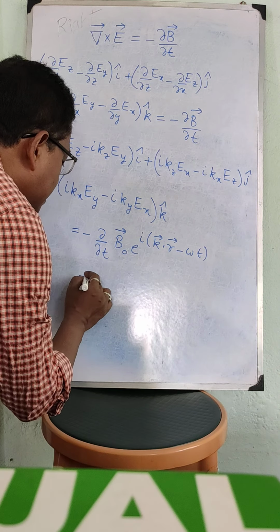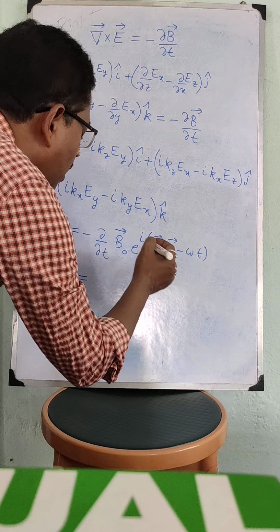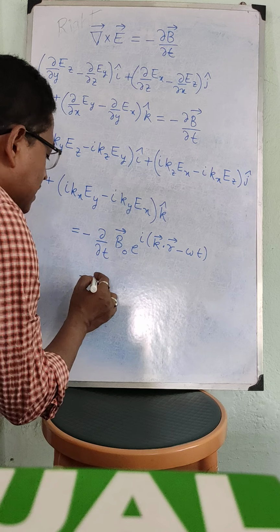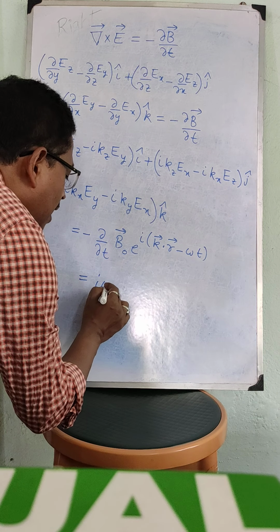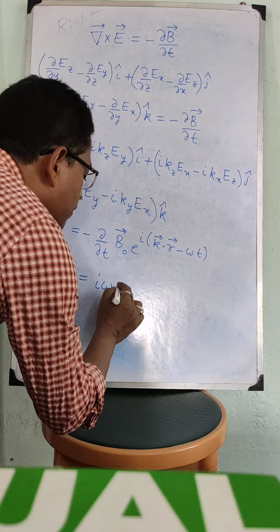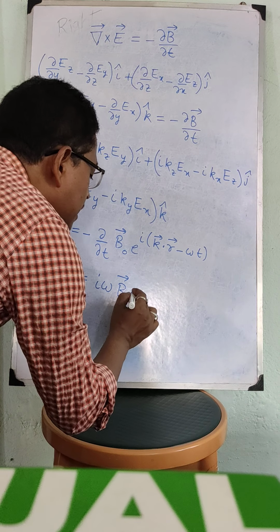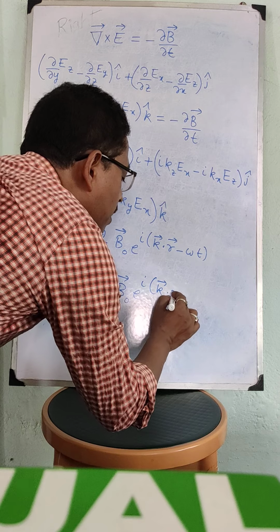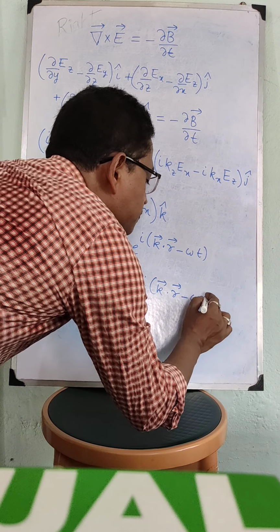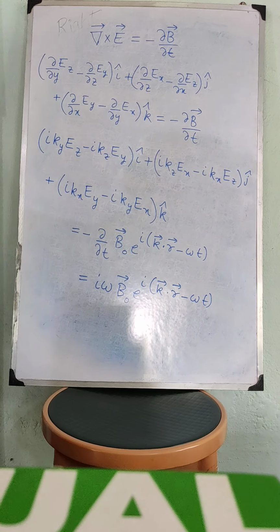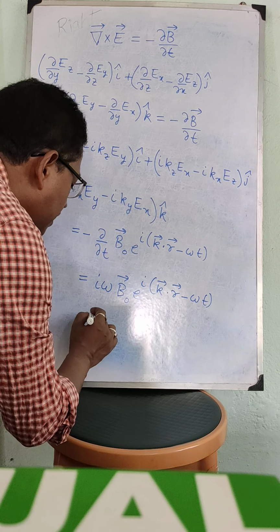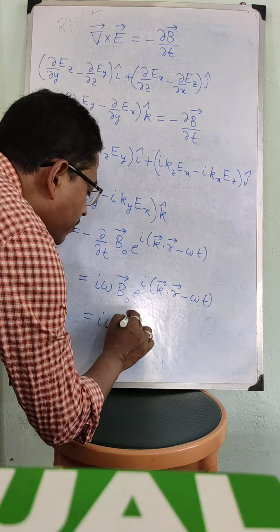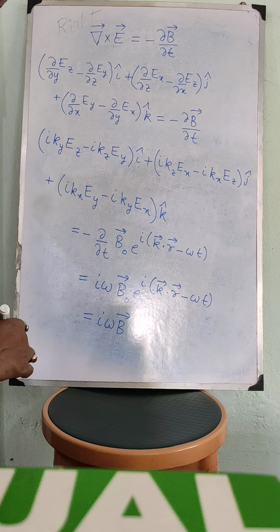So we will get minus i omega coming down, and here we have one minus sign, so i omega, then B0 e to the power i k dot r minus omega t. So this is the right hand side, which is nothing but i omega into the whole B vector, i omega B.